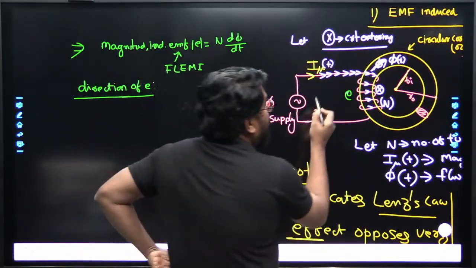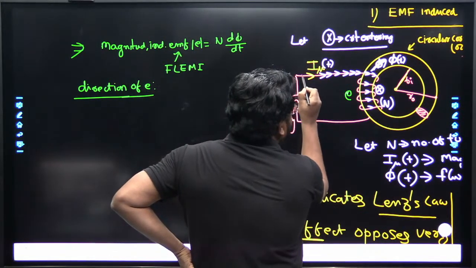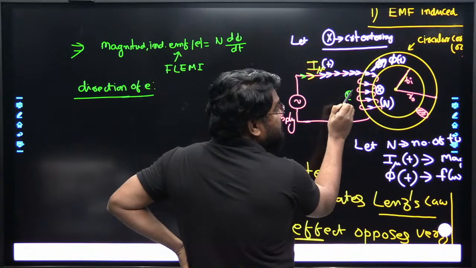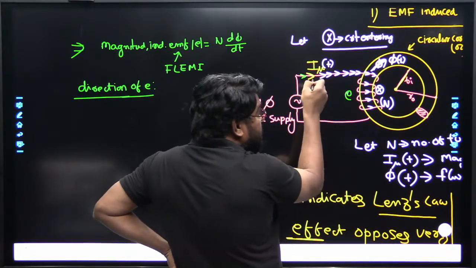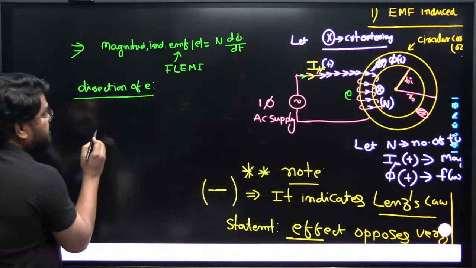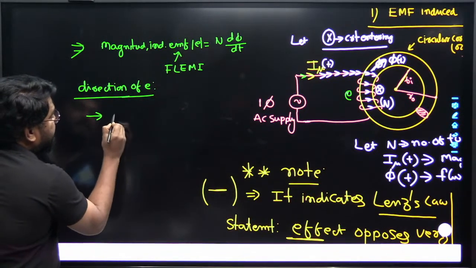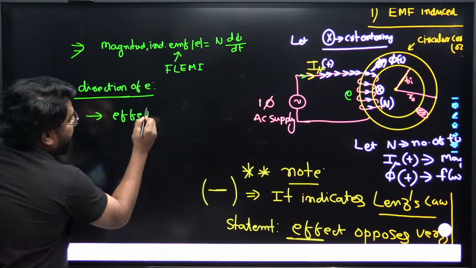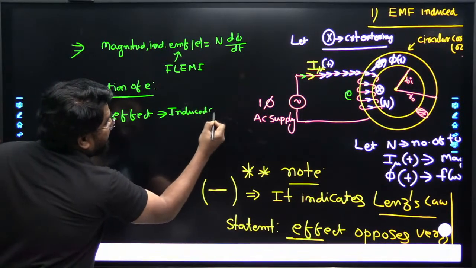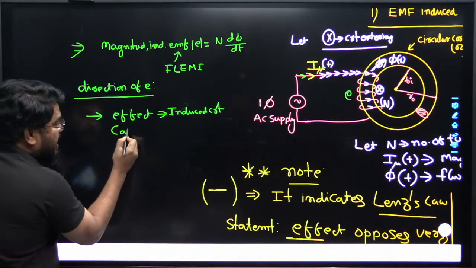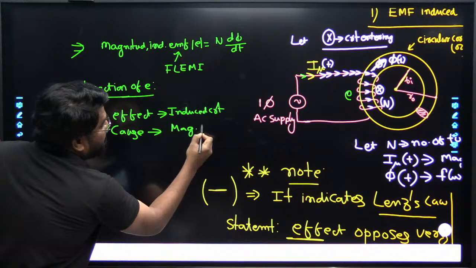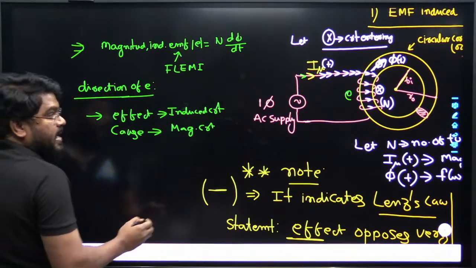Here the cause is the magnetizing current, and the effect is the induced current.